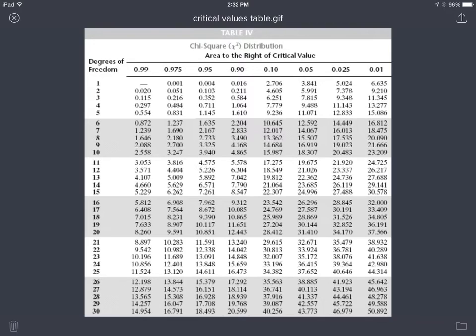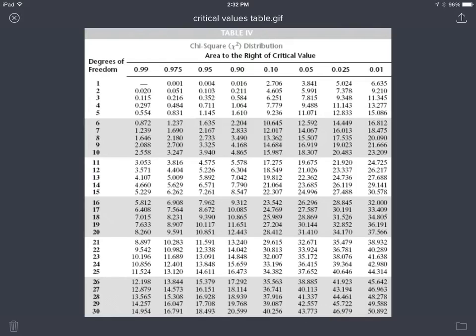So here's our critical values table, and when we are trying to figure out what our critical value is, we're going to look at our degrees of freedom down the left-hand side, and we are going to look at the significance levels across the top.